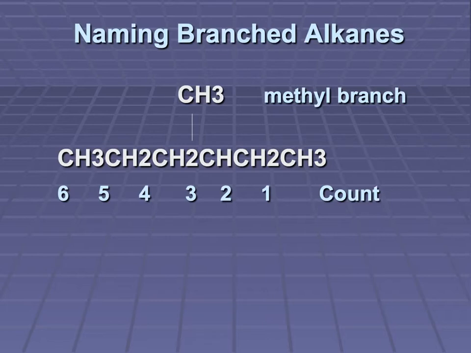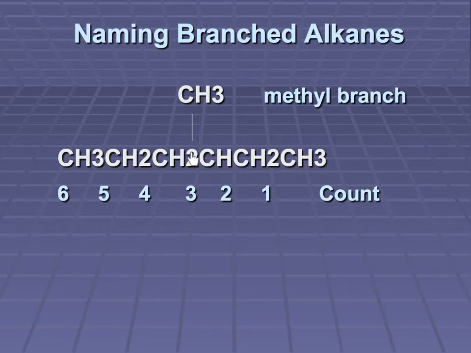You have to look at all of the possibilities for the longest chain. For example, you can count straight across: 1, 2, 3, 4, 5, 6. That could be one carbon chain. You can also go like this and count that carbon chain: 1, 2, 3, 4. That would only be 4 though.